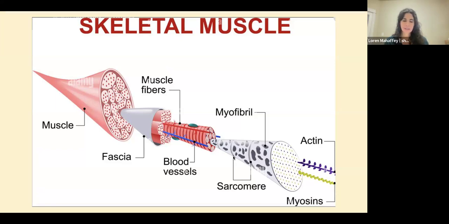Each sarcomere contains actin, which is called thin or short filament, and myosin, which is called long, thick filament. Each sarcomere is divided by Z lines, that's these lines that go all the way across, on either end.